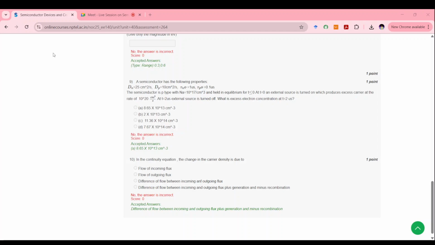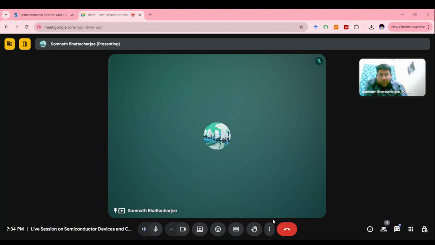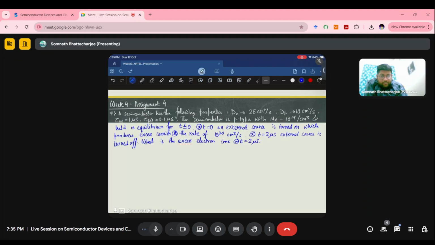Now at t equals 2 microseconds, the external source is turned off. What is the excess electron concentration at t equals 2 microseconds? So you have to solve this now.